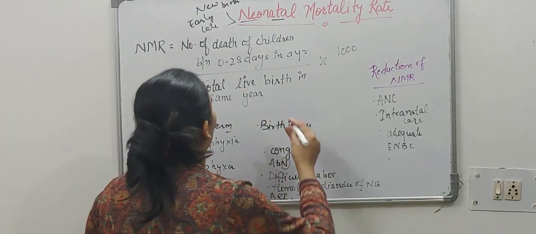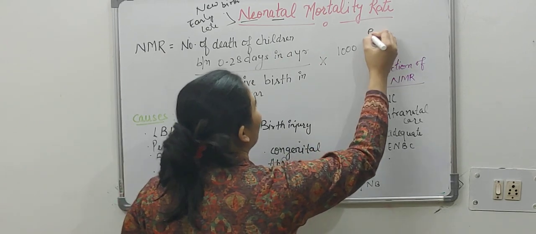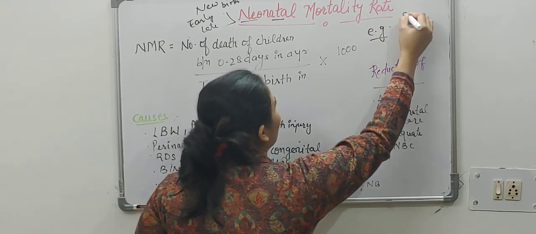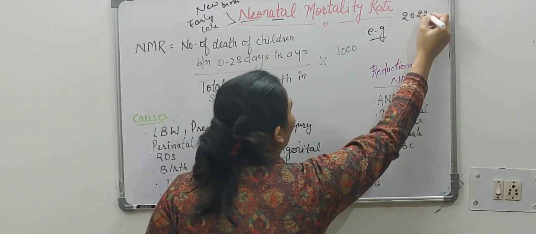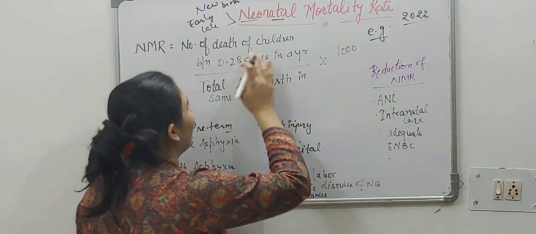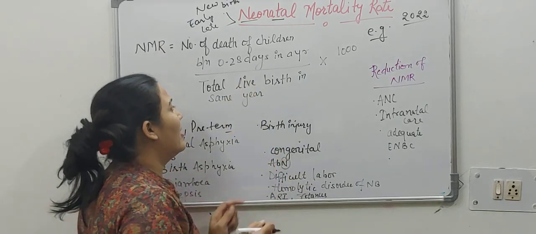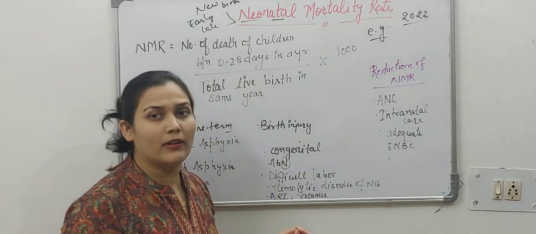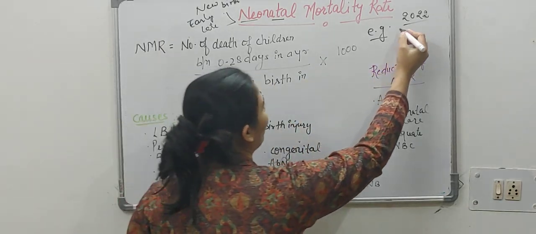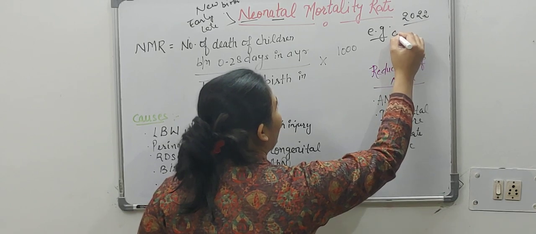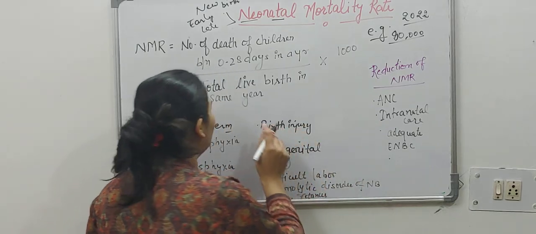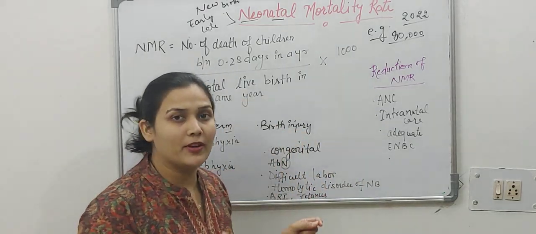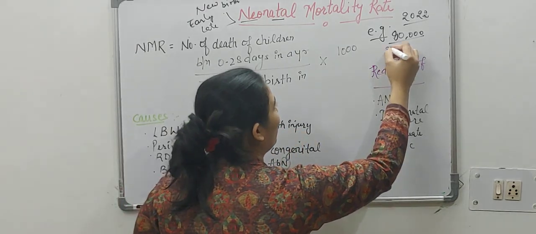For example, we are taking the year 2022. The number of deaths of children between 0 to 28 days of life in 2022 was, for example, 80,000, and the total live birth, for example, was 2 lakh.